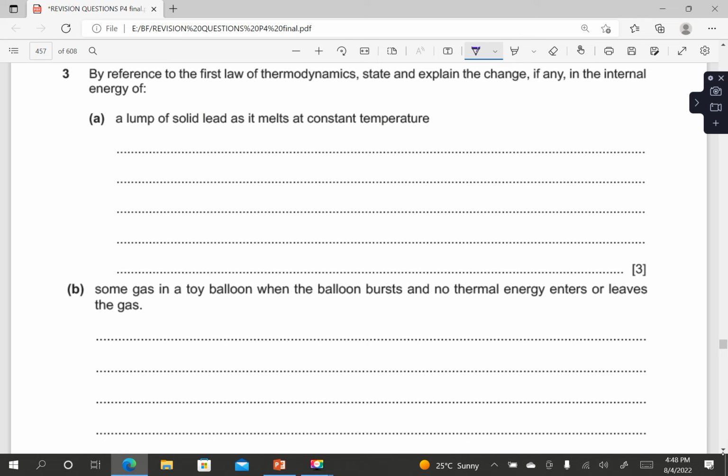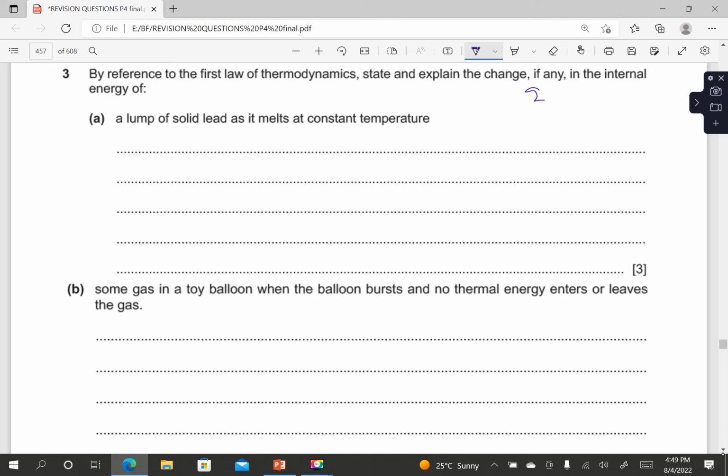So for this particular one, we have two options. We can consider little work done for little change in volume, or no work done for almost no change in volume. But then thermal energy is being supplied to provide the latent heat for breaking the bonds between the molecules. And if thermal energy Q is being supplied, then the internal energy must increase, even though there is no change in temperature, because the thermal energy supplied is simply breaking the bonds rather than increasing the kinetic energy of the molecules.